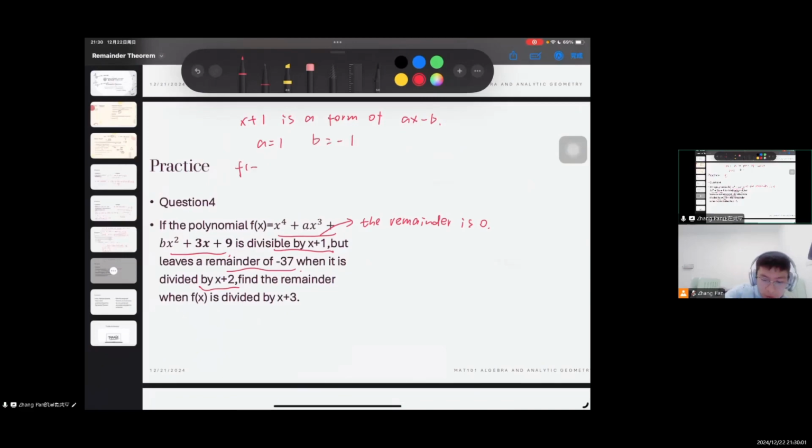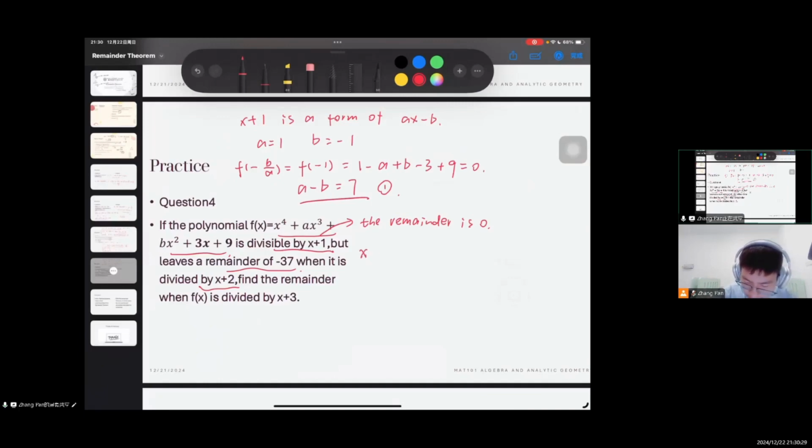So f(minus b over a) equals f(minus 1) equals 1 minus a plus b minus 3 plus 9 equals 0. So a minus b equals 7. This is the first equation. Then we need to find another.